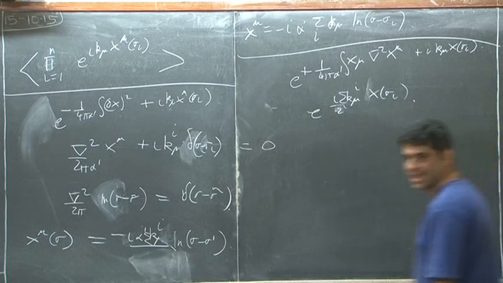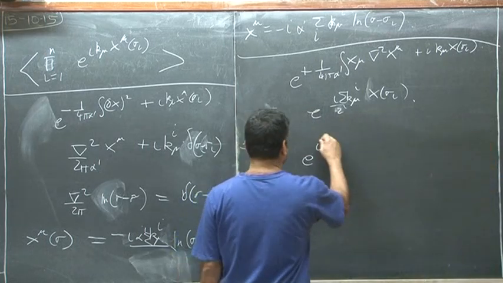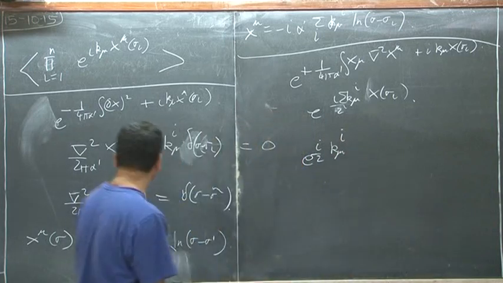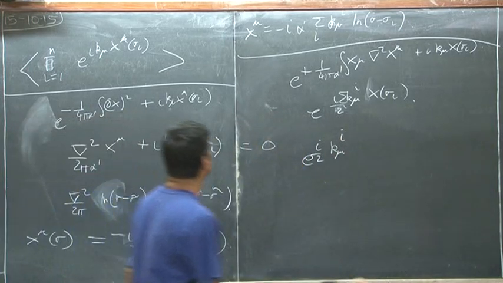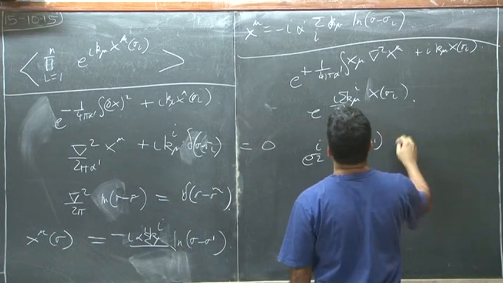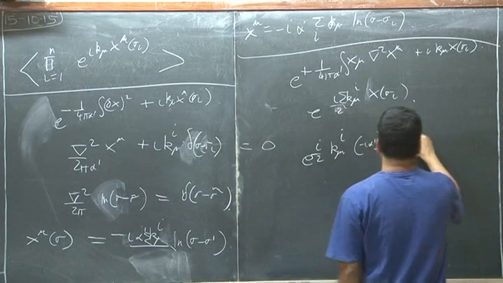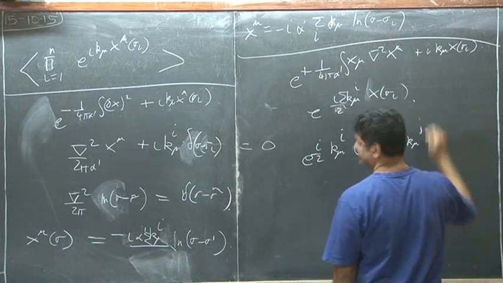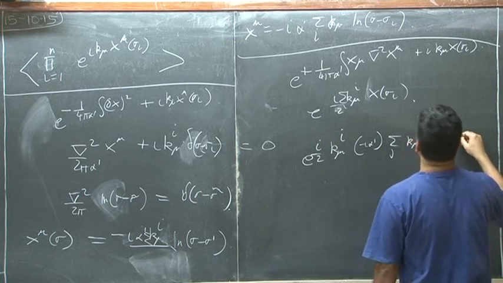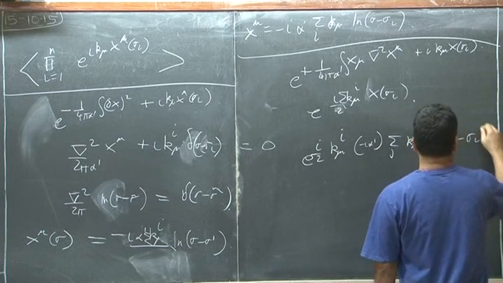Okay? So we have e to the power i by 2 k mu i, and then x of sigma i was up there. So there's a minus i alpha prime, sum over j, let's call it k mu j, log of sigma j minus sigma i.